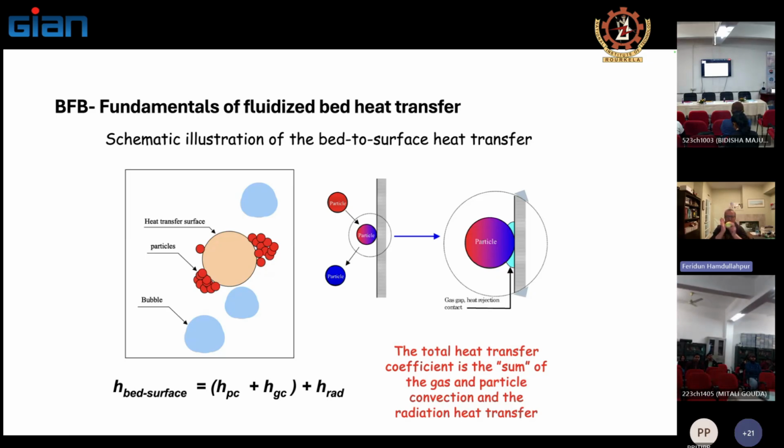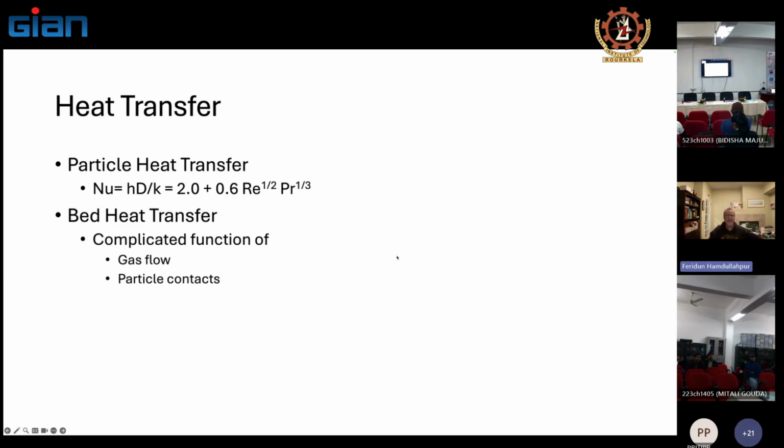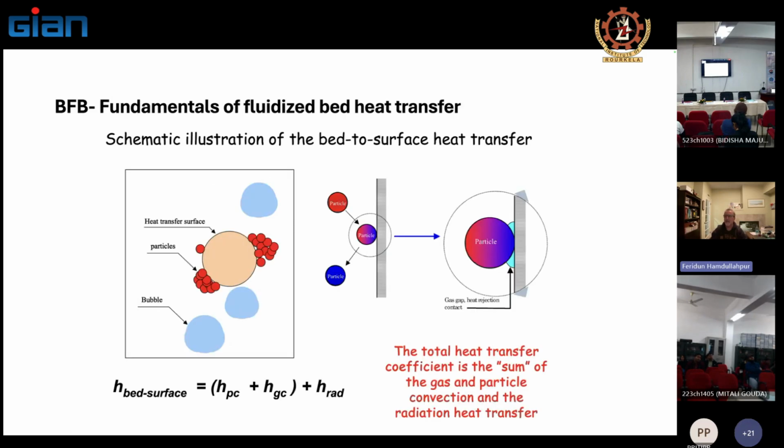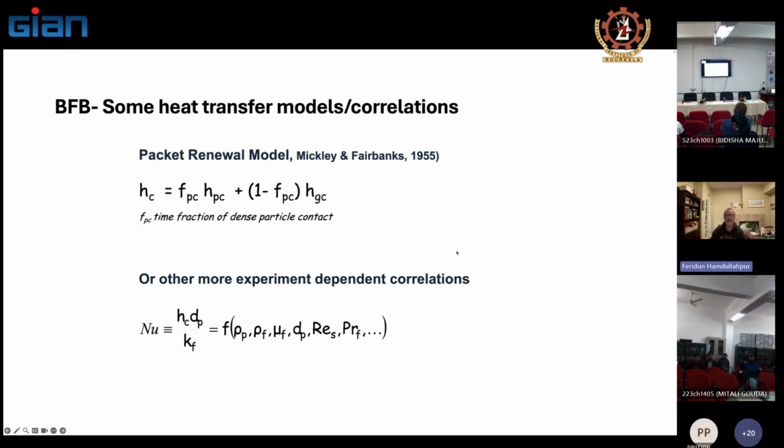Heat will be transferred from this hot particle to the cold surface. And if it's just one particle, see here how little of its surface is in contact with the wall. So it is very difficult to properly model this, especially if you have a cluster of particles touching one by one. And this isn't a bubbling operation.